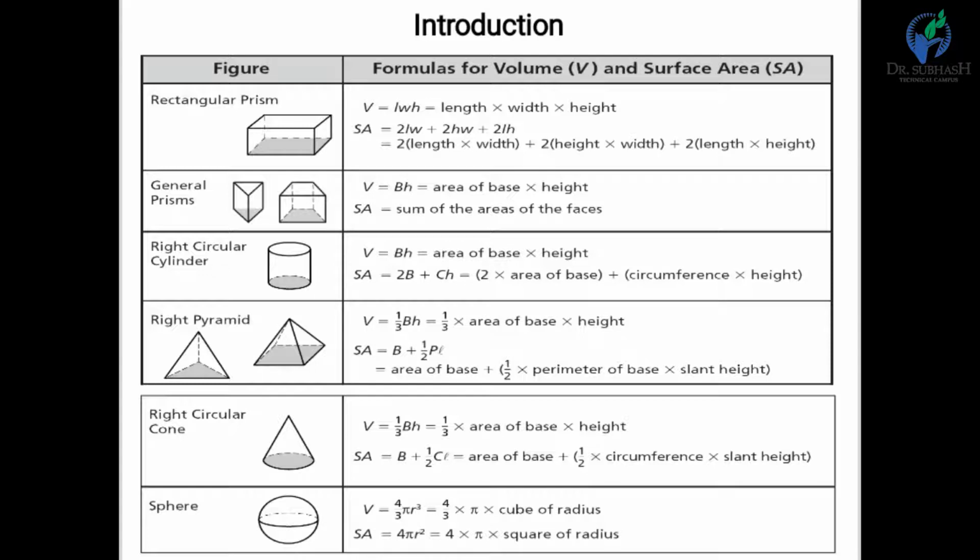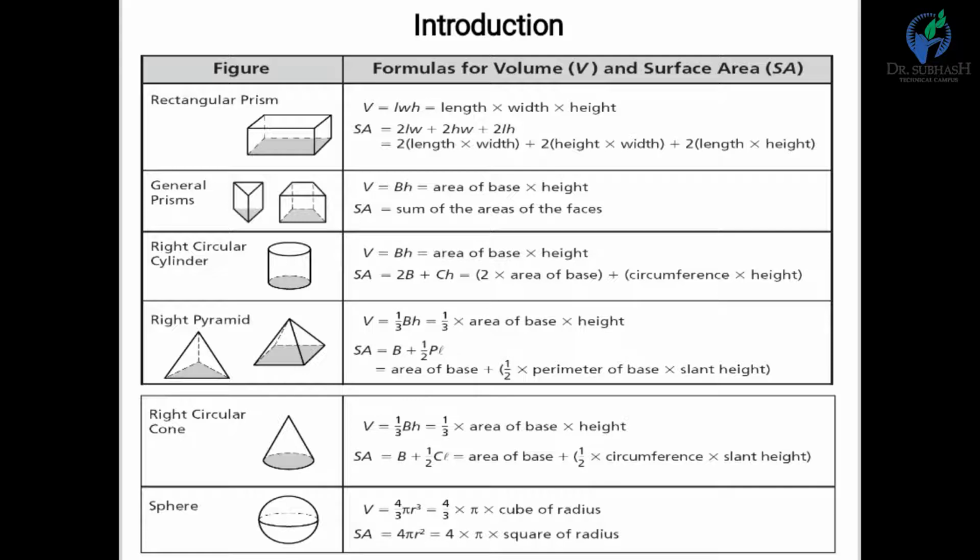Next is a right pyramid. A pyramid has 4 sides on the vertical plane and its base is a square. V is equal to 1 by 3 B into H, where B represents the area of base and H represents height. Next, right circular cone.